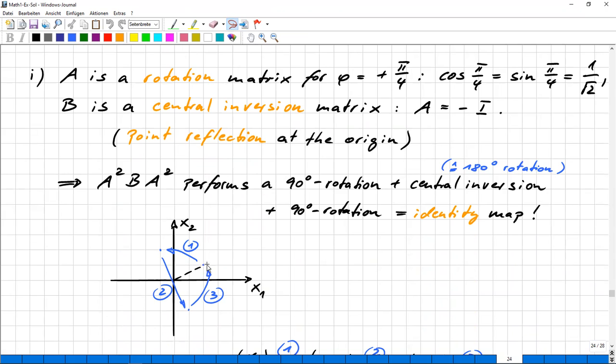Let's say this is any arbitrary vector, of course, but I just represent it with this point in the plane. Now this is rotated firstly by 90 degrees, then it's centrally inverted, so point reflection at the origin, and then it's rotated again, and in the result, this means it's transformed into the original vector again, into the pre-image, you could say, right?